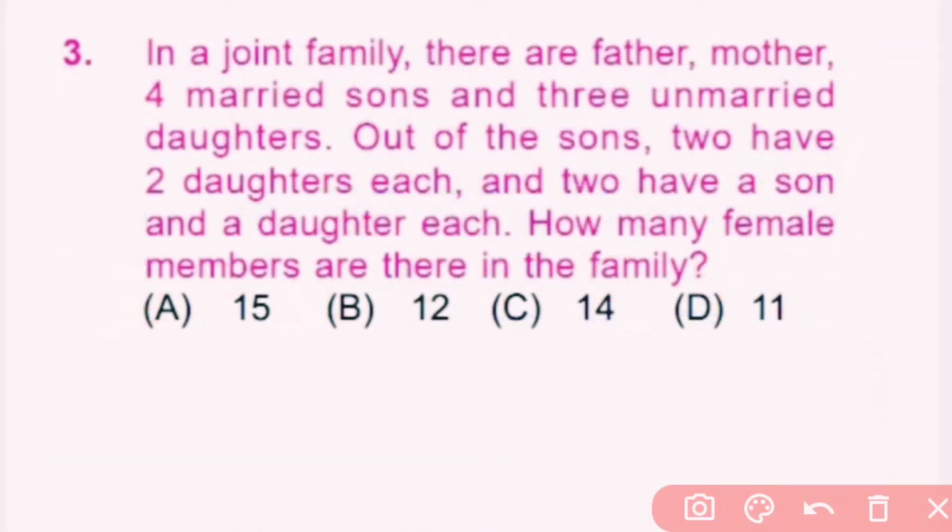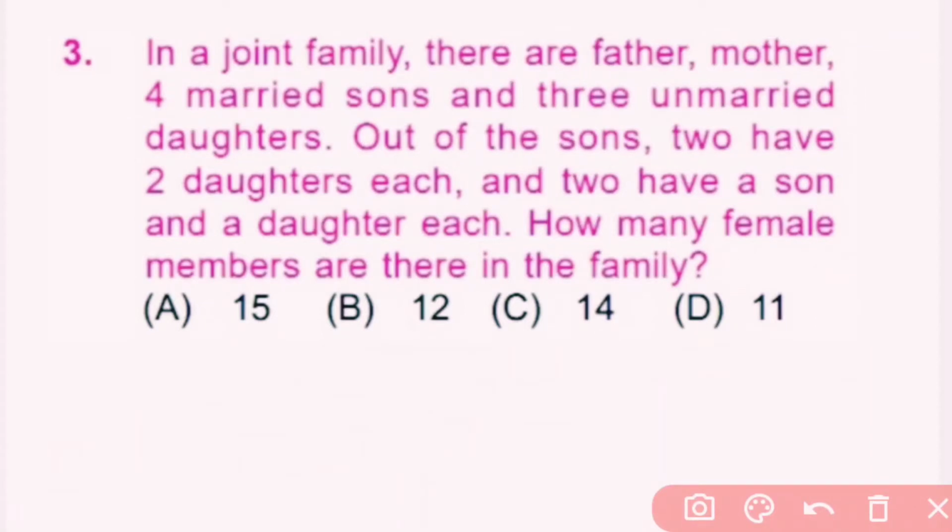Question number 3. In a joint family there are father, mother, 4 married sons and 3 unmarried daughters. Out of the sons, 2 have 2 daughters each and 2 have a son and a daughter each. How many female members are there in the family?